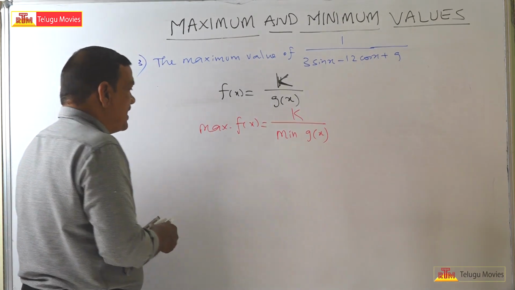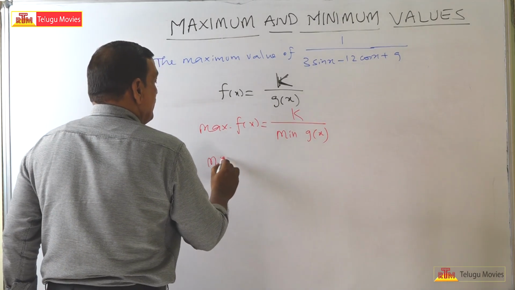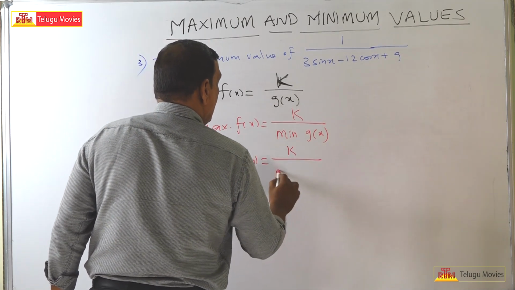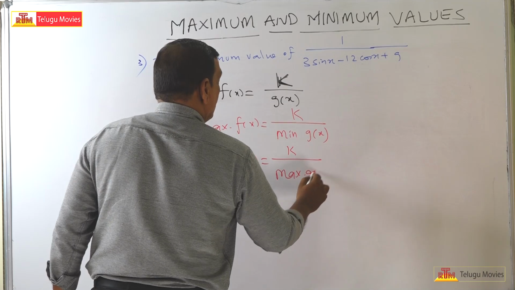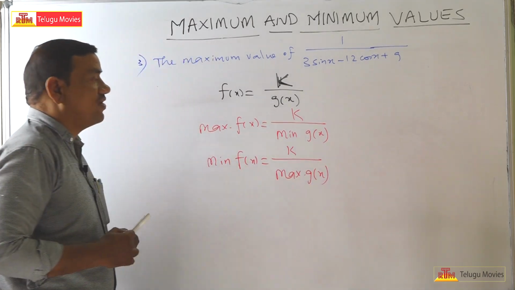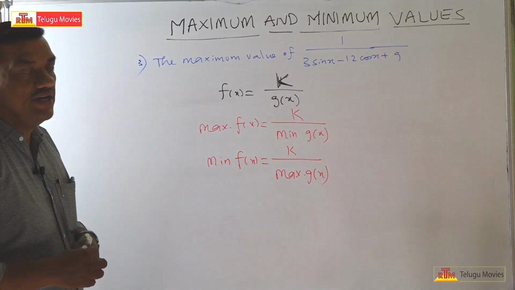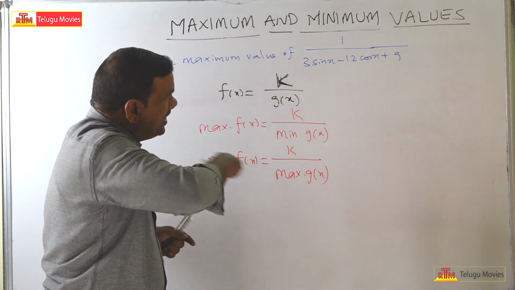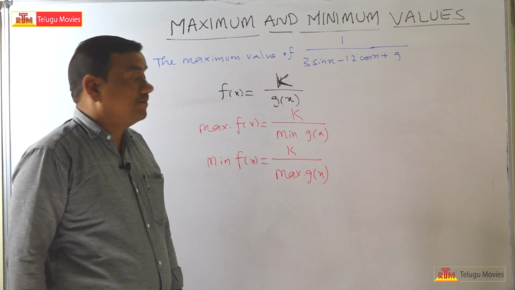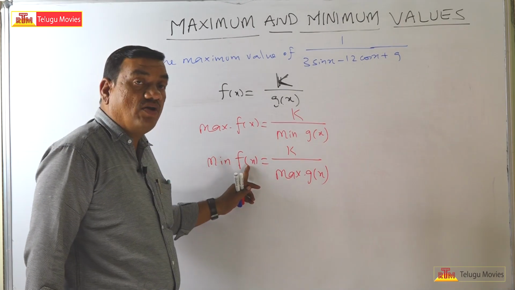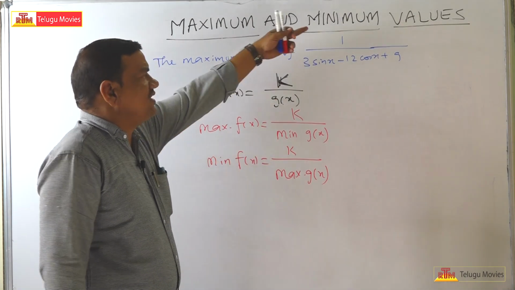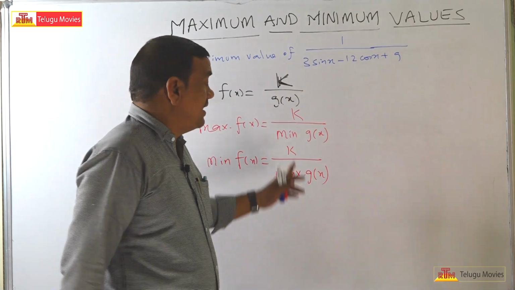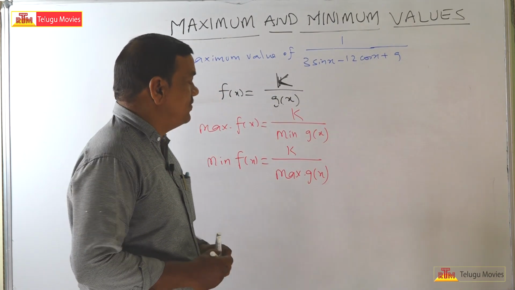At the same time, the minimum value of f of x is equal to k upon the maximum value of g of x. That is the formula we have, a very nice formula. If you want to find the maximum value, find the minimum value of the denominator. If you want to find the minimum value of f of x, take the constant, whatever it may be, 5, 10, 11, 13, 14, divided by the maximum value of g of x.